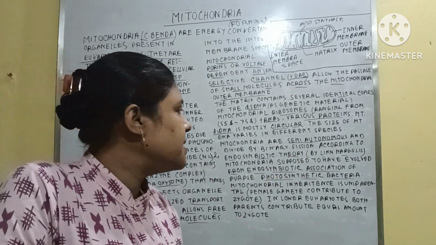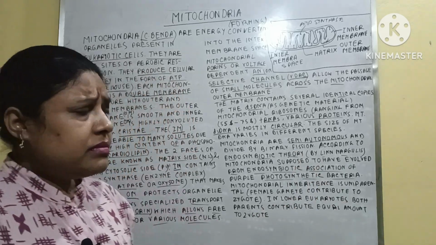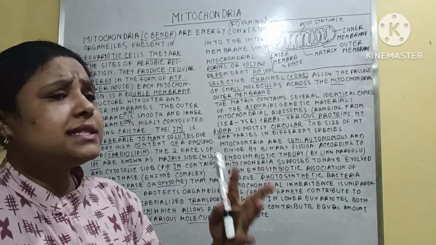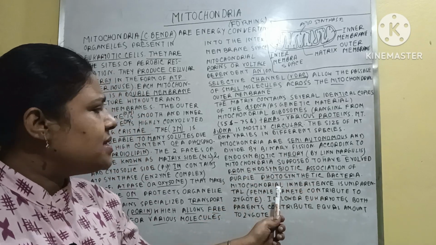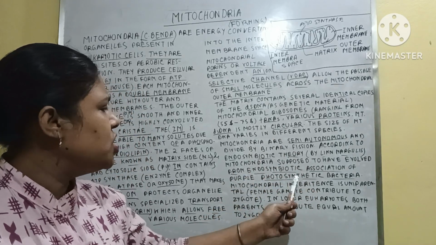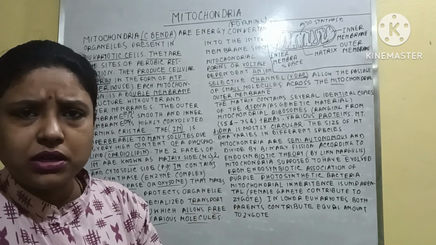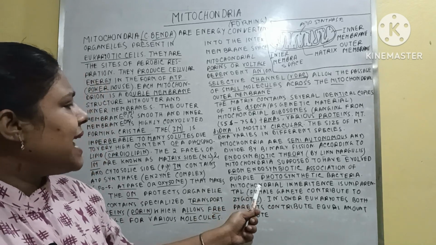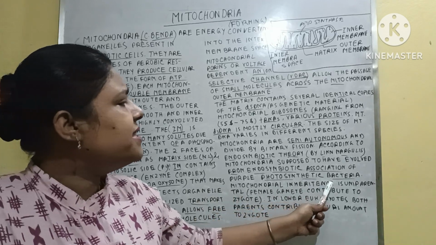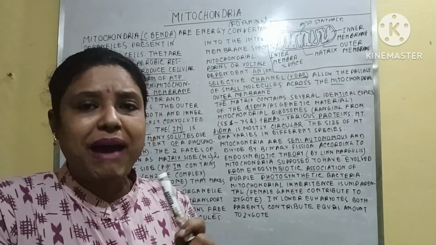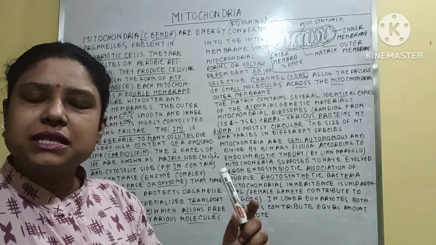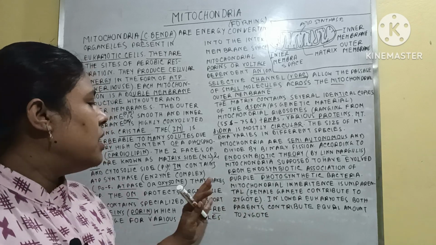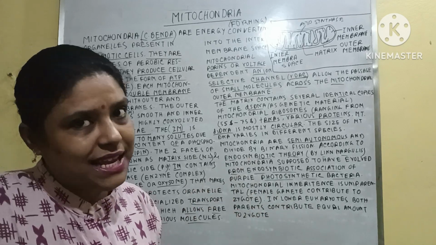Obviously semi-autonomously. And when the zygote is formed, the mitochondria are transferred from the female gamete to the zygote in the higher organisms. So in that situation mitochondrial inheritance is uniparental, but in lower cases an equal amount of mitochondria is transferred to the zygote.